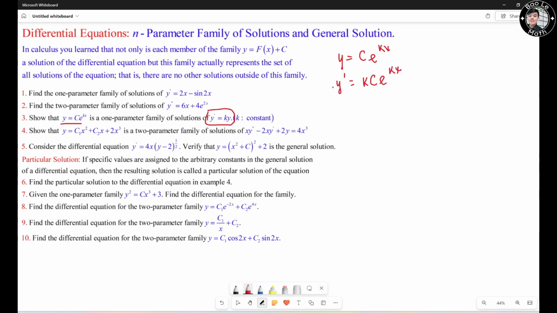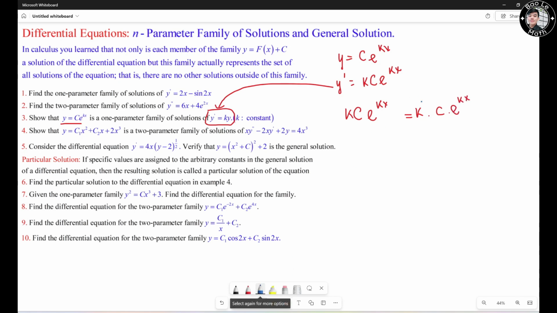Now we substitute this back over here, and we need to prove that the two sides are the same. So we have k times c times e to the k s equals k times y, but y equals this one, so it's going to be c times e to the k s.